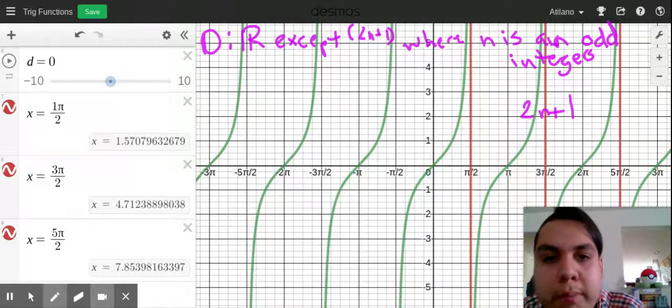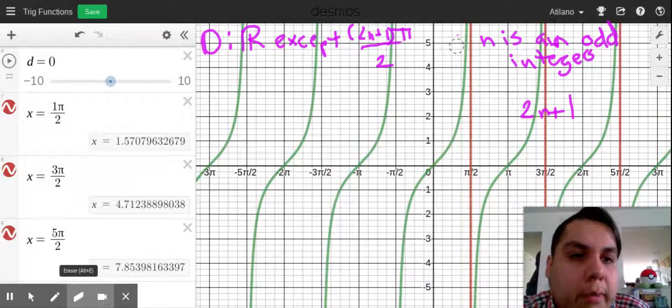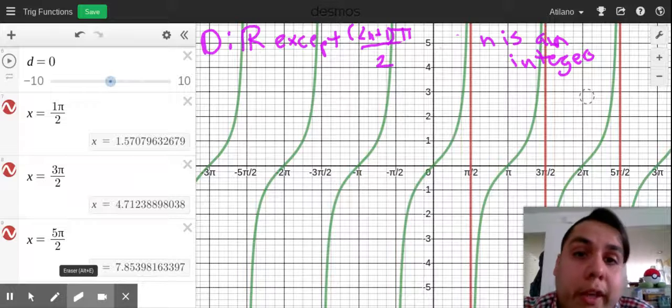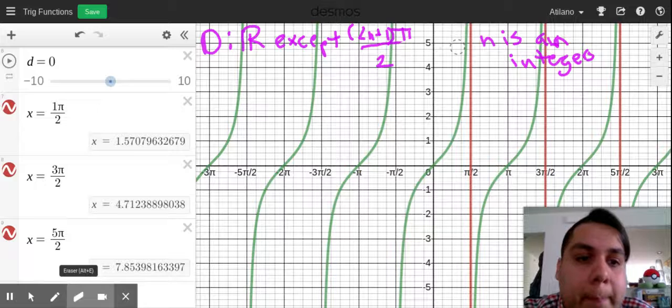Two n plus 1 pi over 2, and I can just say where n is an integer, right? You put any integer value into 2n plus 1, evaluate it, you will get an odd number. Always going to play out that way.